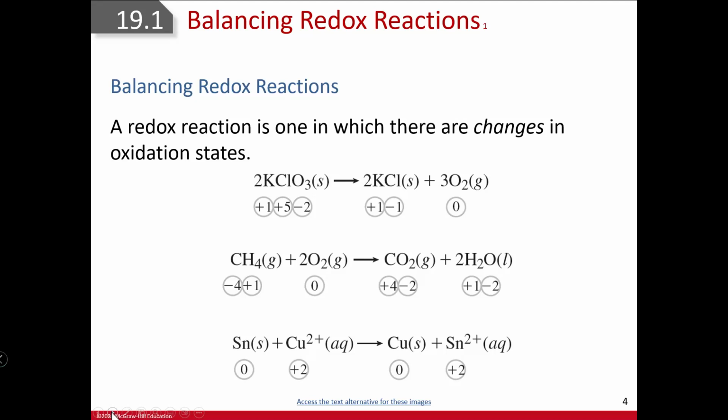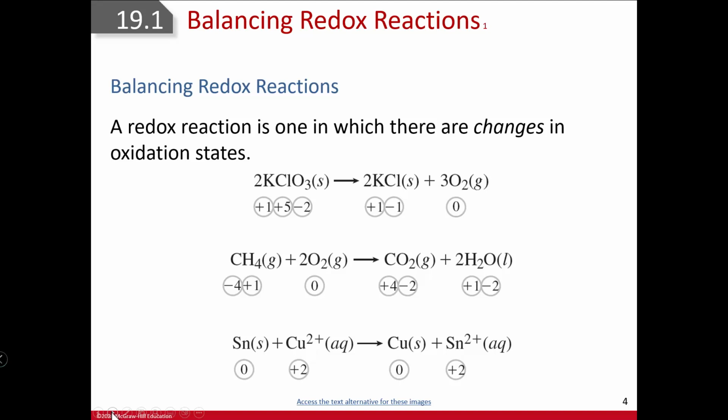So the first thing is we have to be able to assign oxidation numbers, which are called oxidation states. And if you've not had this, or it's been a long time, I encourage you to look at chapter 4 in this book, and there's a section on redox reactions, and there's a table.